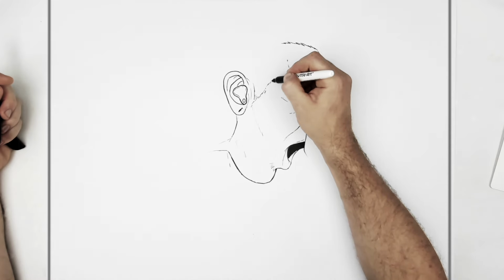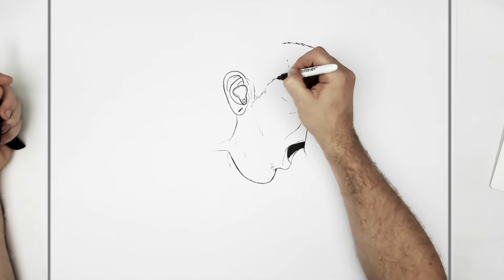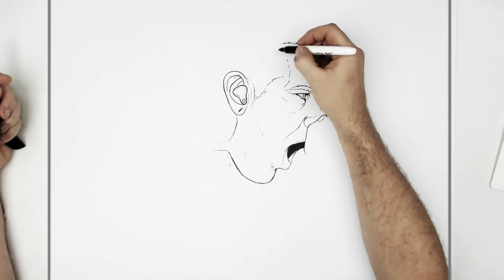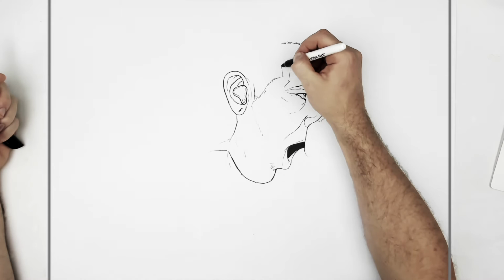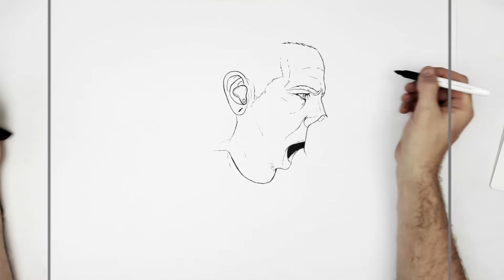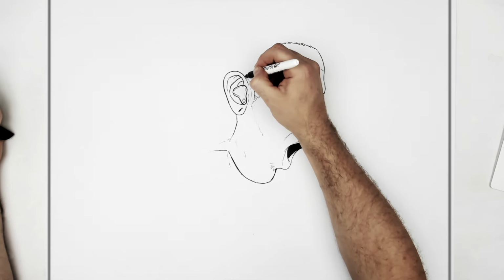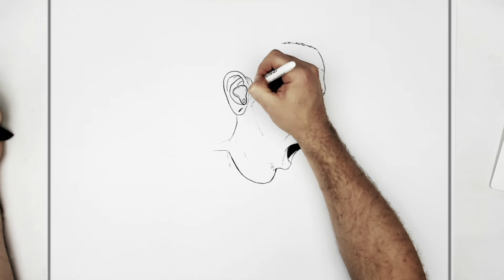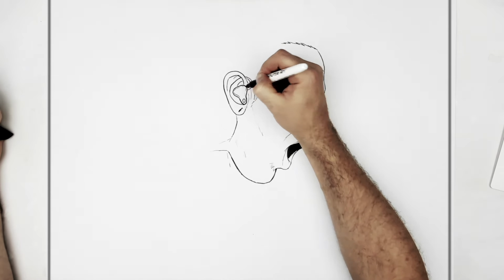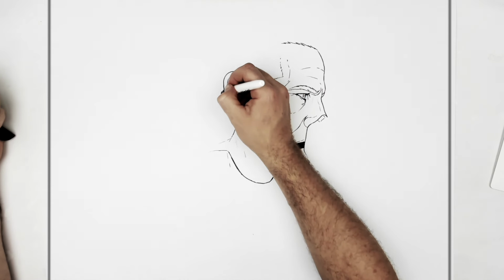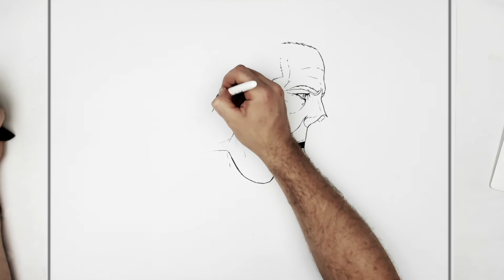And it goes right above his eyebrow. And up then. And around the ear. And he's got like a cable or something coming out of this. And then it goes down behind his hair over here.